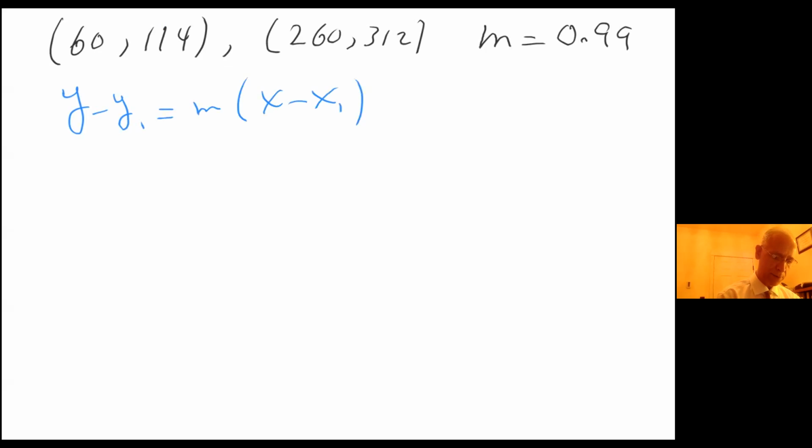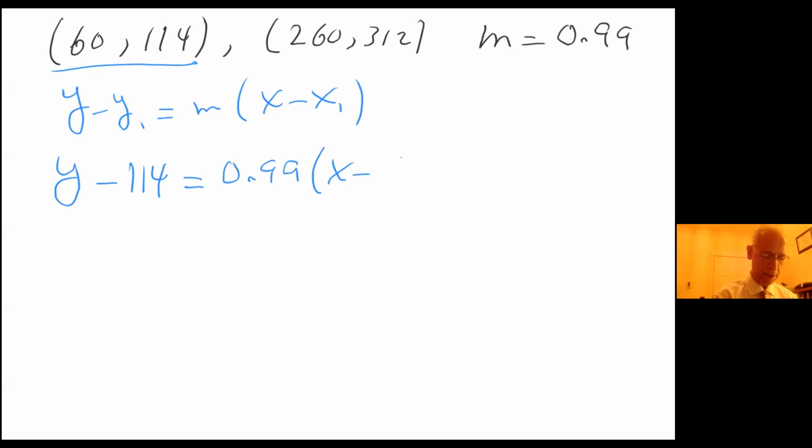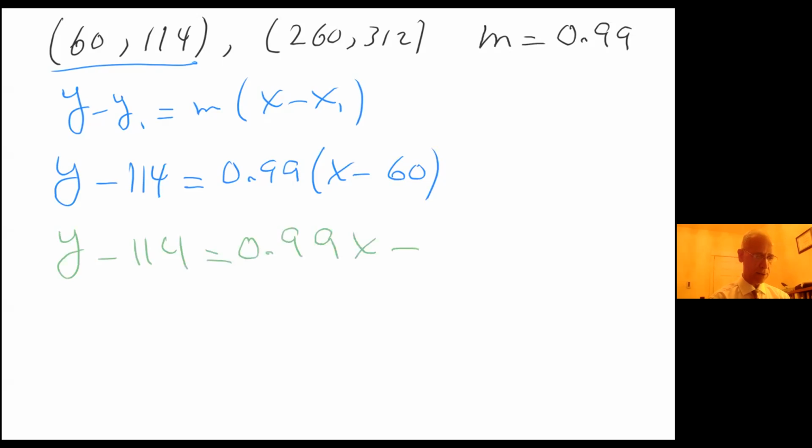So, and I'm going to use the first coordinate point, y minus 114 equals 0.99 times x minus 60. So I get y minus 114 equals 0.99x minus 59.4.